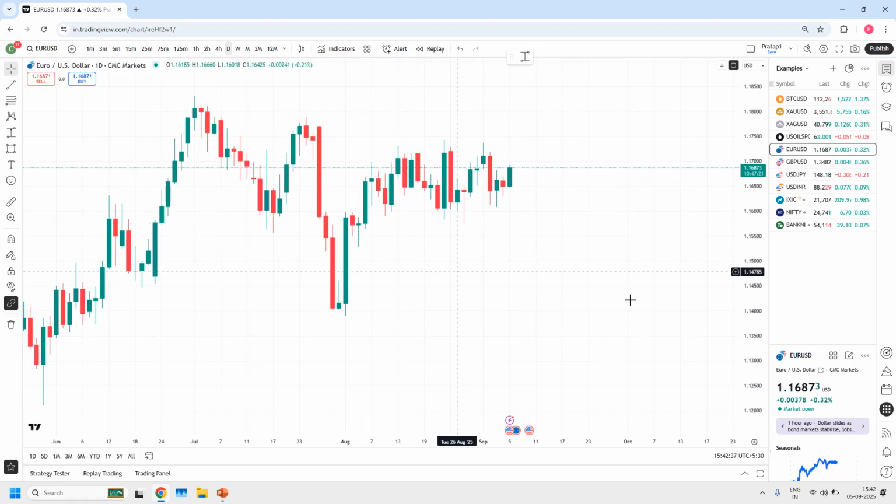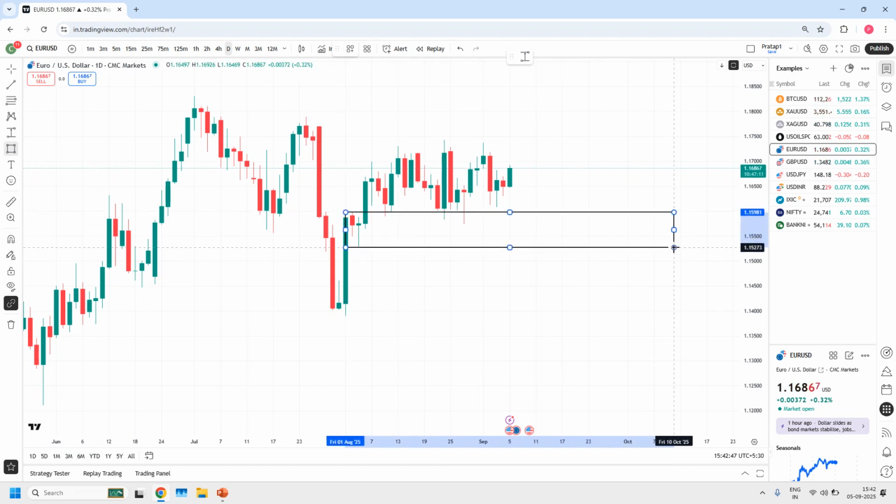Now you can draw a zone here. So this is the demand zone. Why demand zone? Because the leg out is a rally candle, a large rally candle.